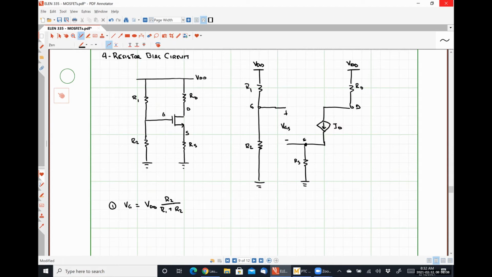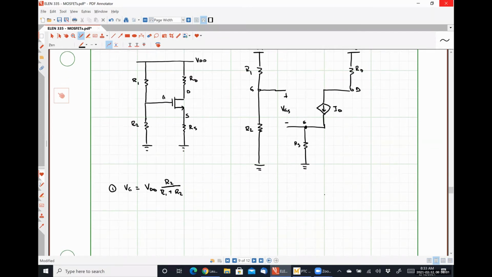Another thing that hopefully is pretty obvious is that the drain current flows through our resistor RD, and it also flows through our resistor RS. So we no longer have any 1 + 1 over beta or any of that jibber jabber to worry about. The same current flows through all the resistors on the right-hand side of the circuit.